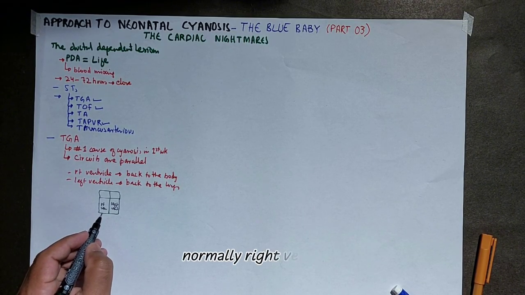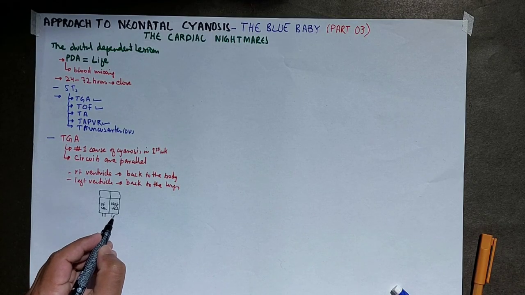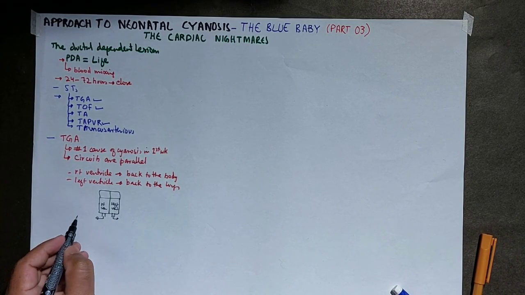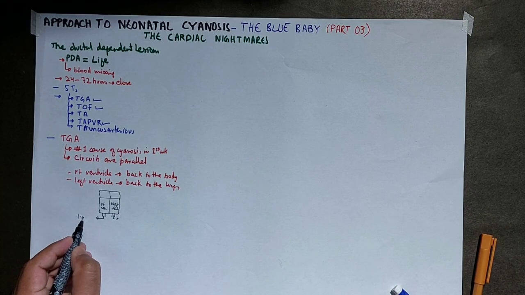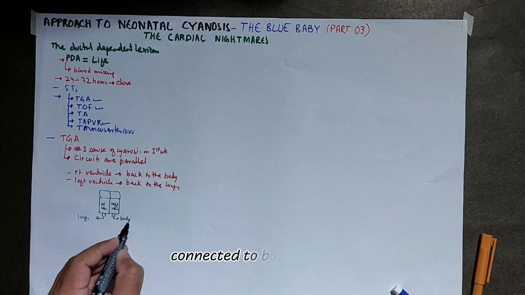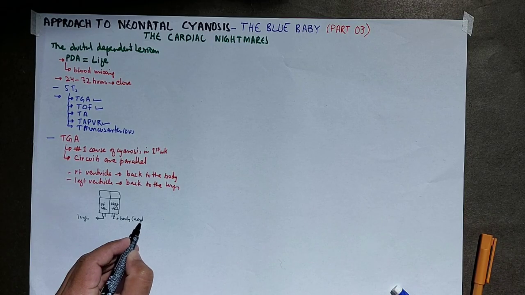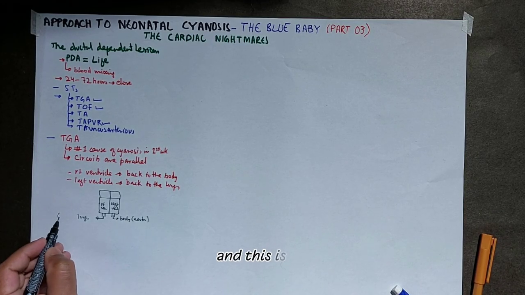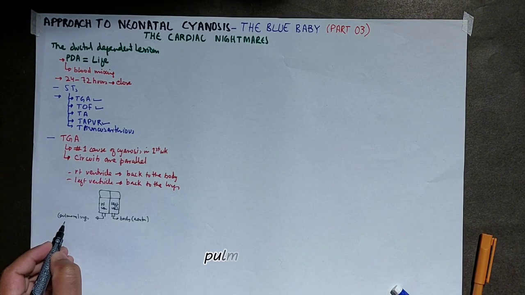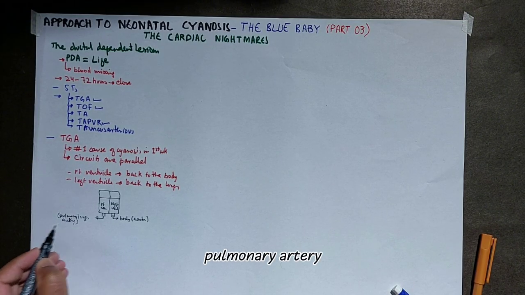Normally, the right ventricle is connected to the lungs via the pulmonary artery, and the left ventricle is connected to the body via the aorta.